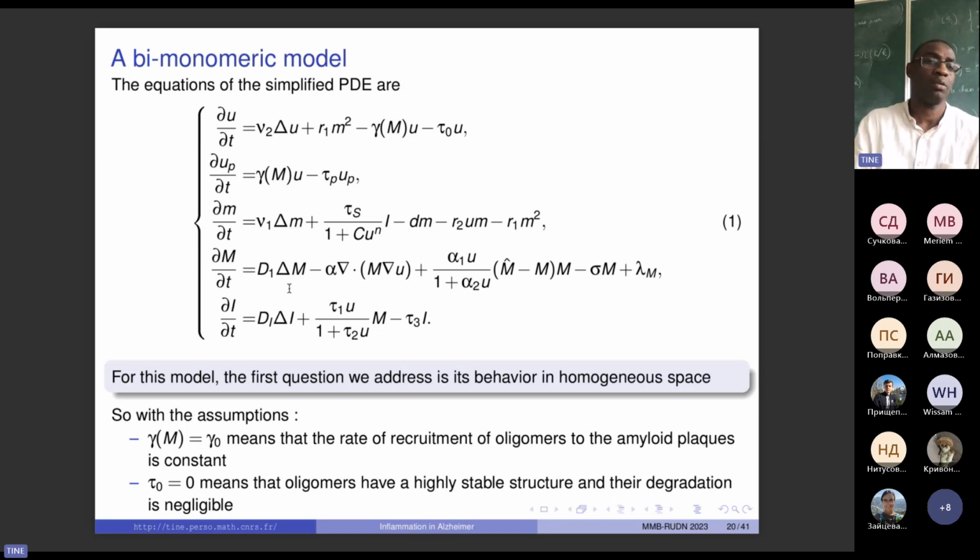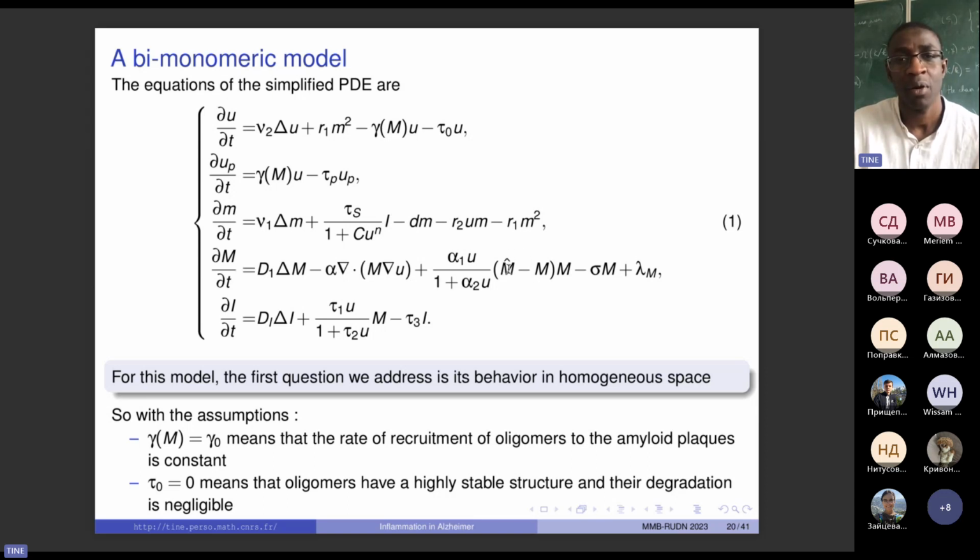Of course, the last two equations are the equations for microglia and interleukin, and it is the same equation. We have here the diffusion, and the chemotactic term. Here we have also the gain term of microglia cells due to the presence of oligomers, and this is saturated, so we cannot increase beyond the maximum size.